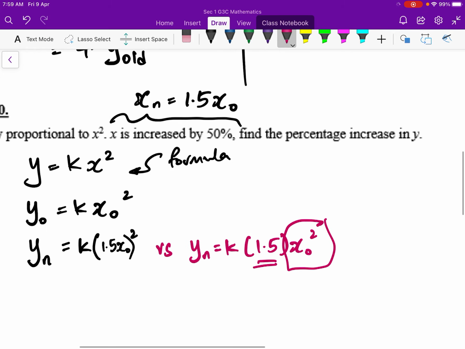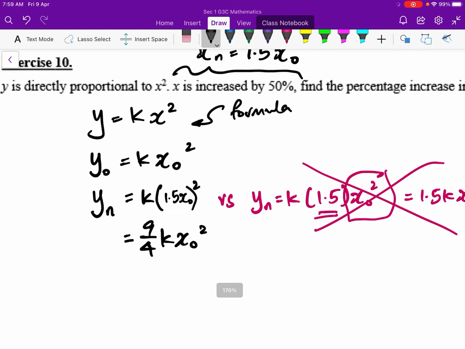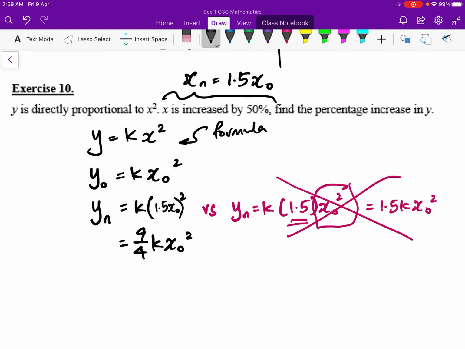Because in red, this gives us 1.5 k xo squared, and this is wrong, whereas this over here gives me 1.5, which is 3 over 2, squared, 9 over 4 k xo squared. See, 9 over 4 and 1.5, they are different. You see that? So from here, we recognize that k xo squared has already appeared before.